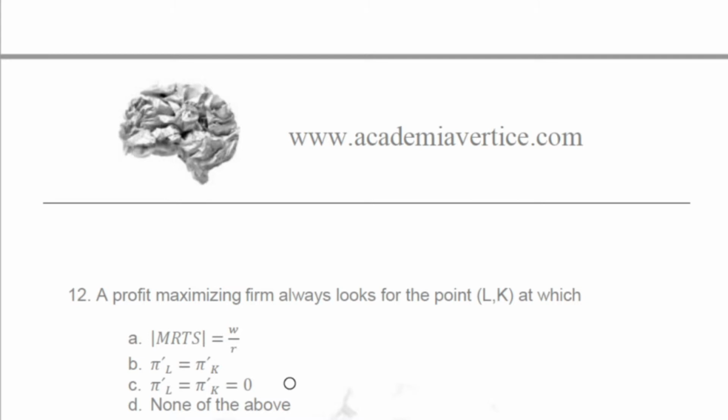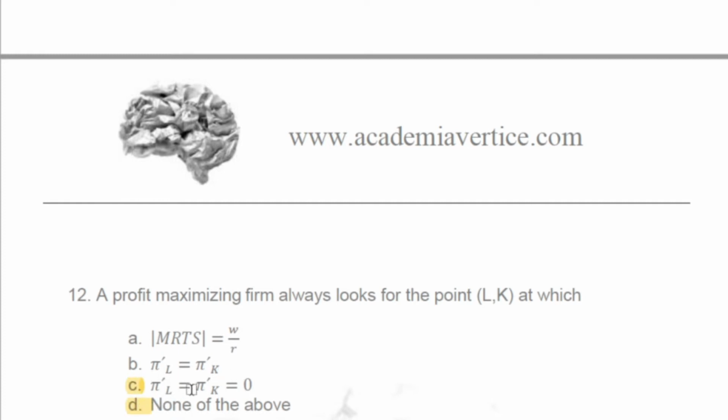So this is the condition for the cost minimization problem, and that's what we look for. The partial derivative with respect to L equal to the partial derivative with respect to K. Not only that, we look for those equal to 0.